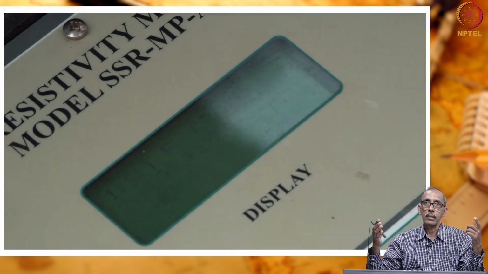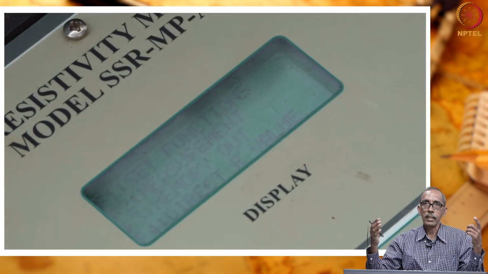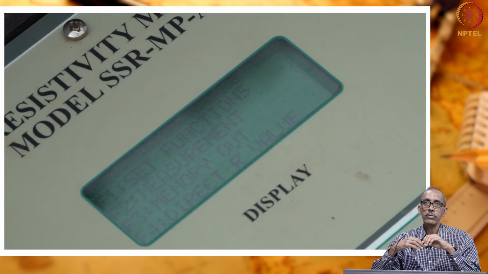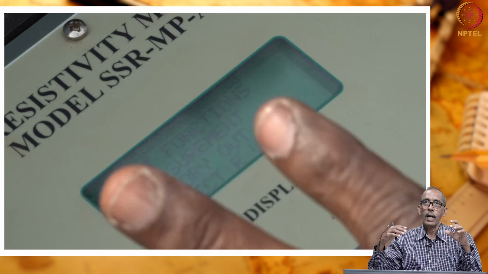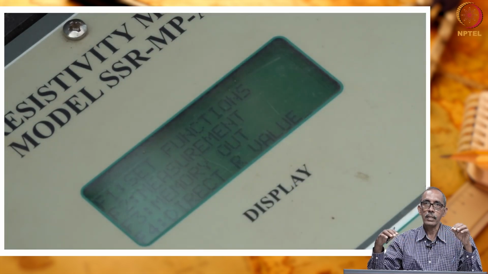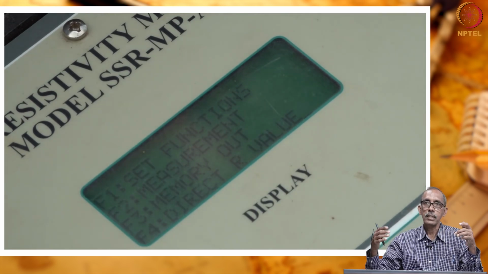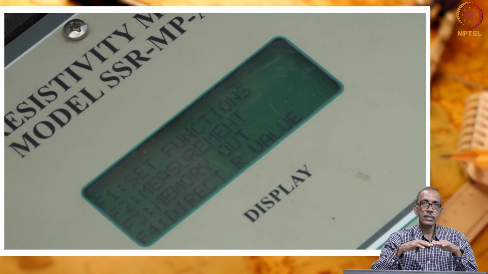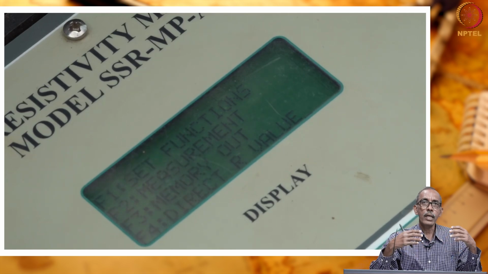Now, a measurement of apparent resistivity has been taken for a particular electrode configuration. That is what is being indicated in the resistivity meter, right. This resistivity meter directly gives the value of apparent resistivity, and it has several other functions. We can also vary the amount of current which we apply into the earth, because at some locations, as I indicated just now, when the resistivity of the layers below the surface is very high, we need to apply more current, or facilitate the flow of current.